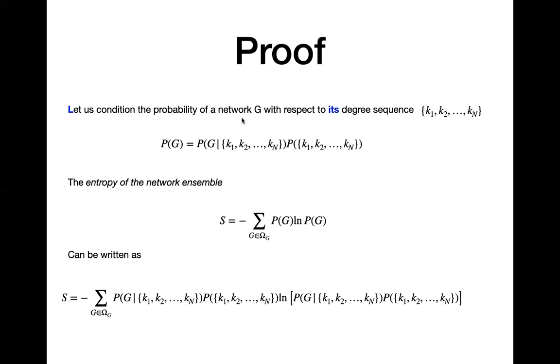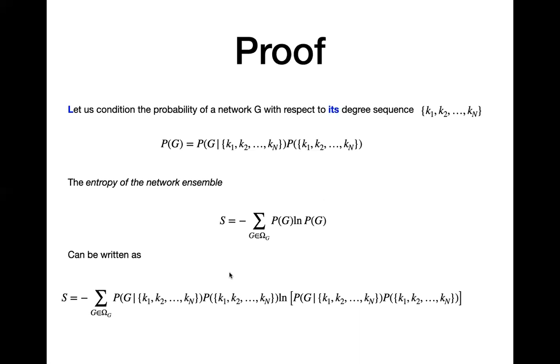Okay, so this is conditioning on the degree sequence of the node, and this expression is valid in general for any ensemble. Okay, so I want to consider the entropy of an ensemble, which is defined in this way.